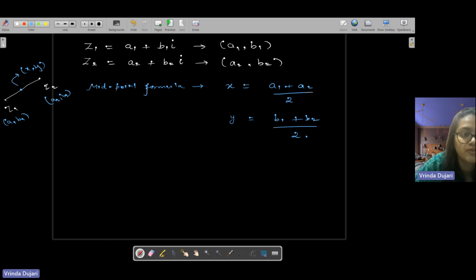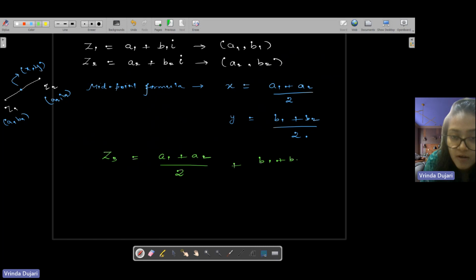So the complex number exactly between Z1 and Z2, let's say it is Z3, is given by A1 plus A2 by 2 plus B1 plus B2 by 2 times i.